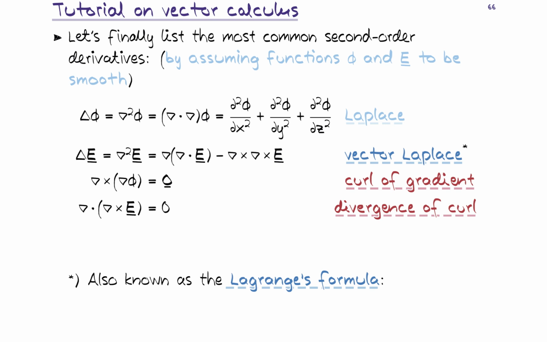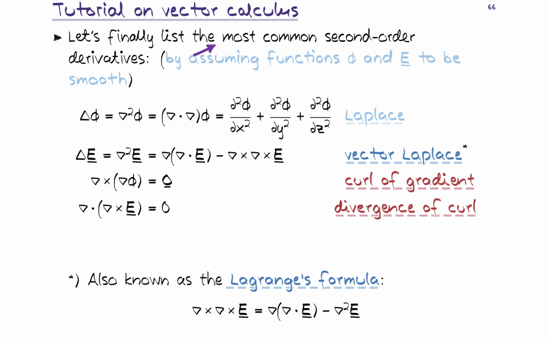And the final thing I wanted to show and say is this: I already mentioned that the vector Laplace operator is also known as the Lagrange's formula. So this is a mathematical quantity we must calculate quite a few times during our course. So we take the double curl of the E field, and this can be calculated as the gradient of a divergence of the E field minus the vector Laplace of the E field.